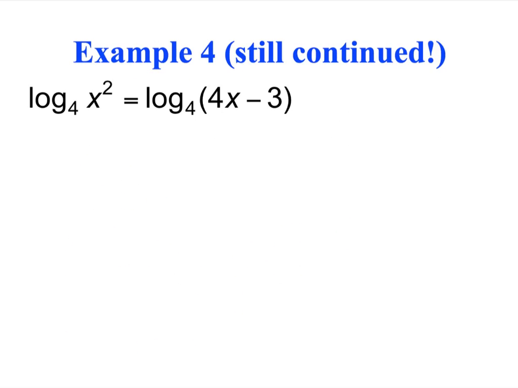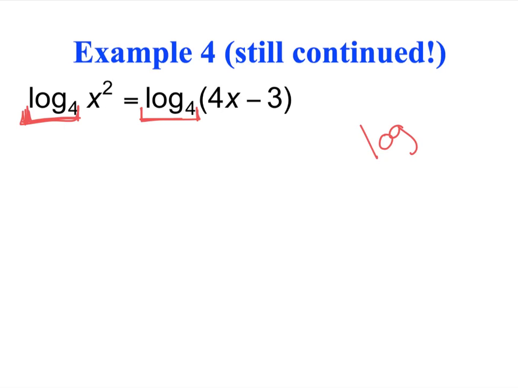So don't be alarmed. We got logs on both sides, but I'm going to show you a really awesome trick. If you notice, I have a log 4 over here, and I have a log 4 over here, and I have an equal sign in the middle. Now let me show you over to the side here a property.